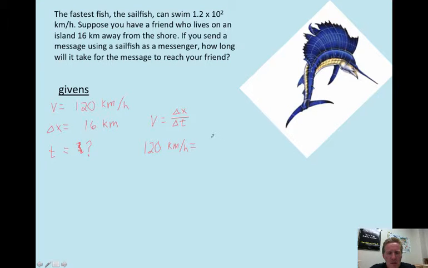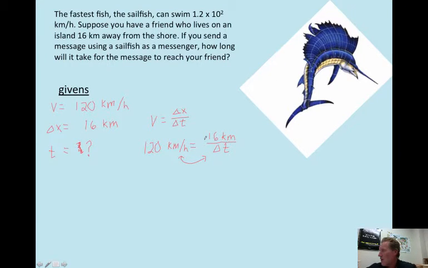And change in x is 16 kilometers. And we'll just put change in time here. Okay, so we just have to solve for t, and so if we're doing this algebraically, these two guys will just switch places.